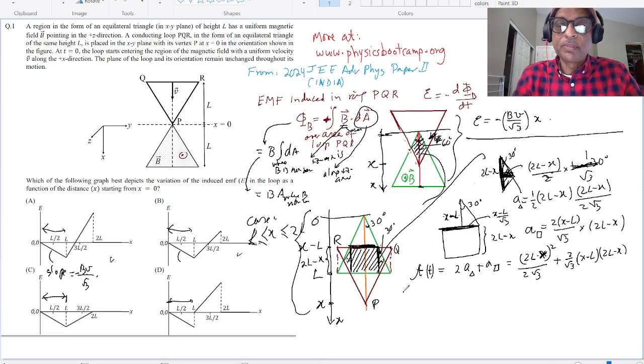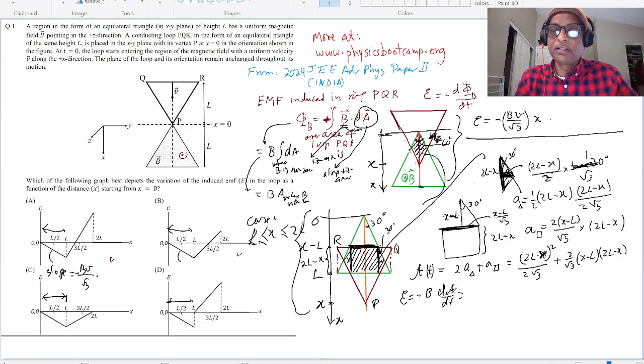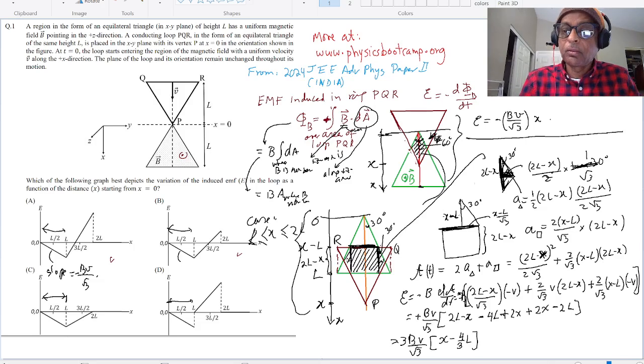So the EMF is going to be minus B dA/dt, and so I have to differentiate the whole thing out, and let me pause and write that out to save time.